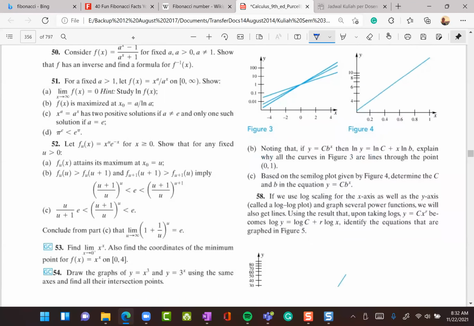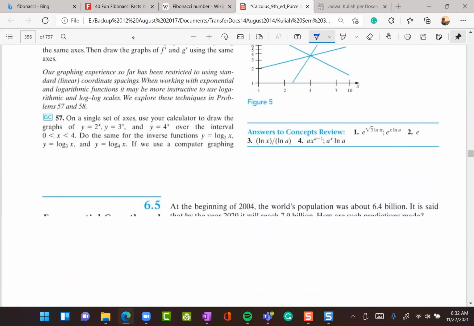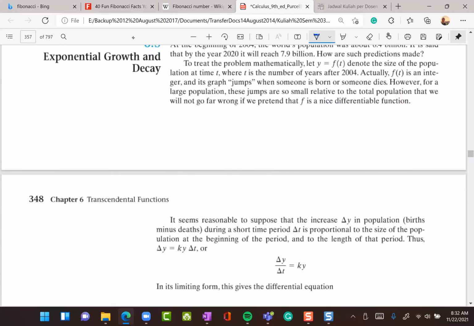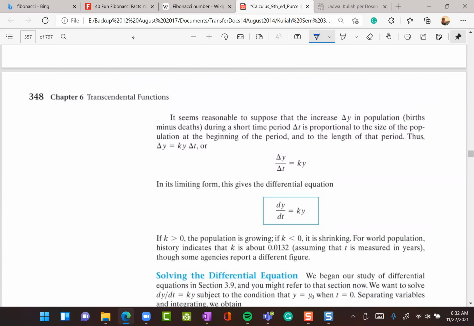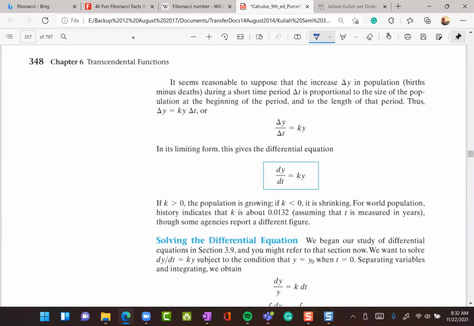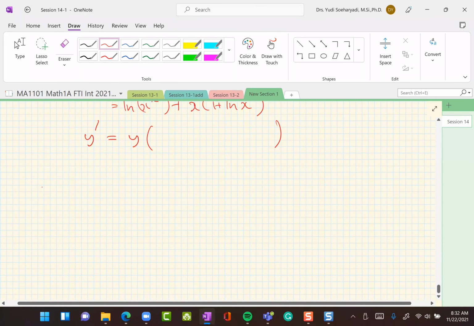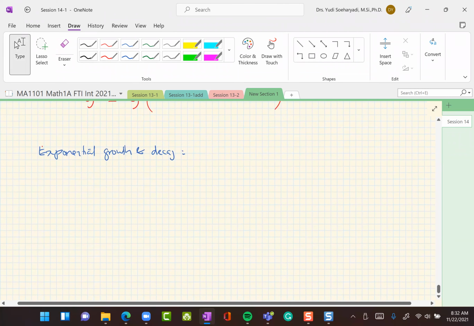Okay, so let's do this one: exponential growth and decay. This relates to some physical problems, and we use the exponential to describe them.